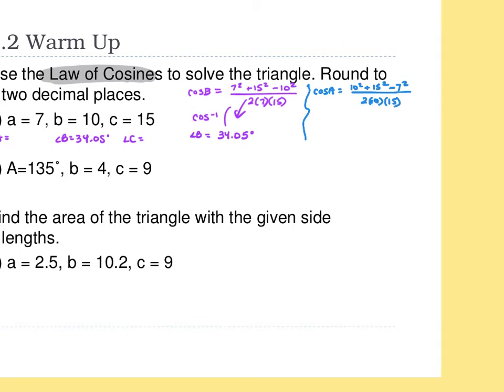And I'm going to do that all in one step, grouping my numerator and my denominator. Two times 10 times 15. And I get that angle A is 77.29 degrees.